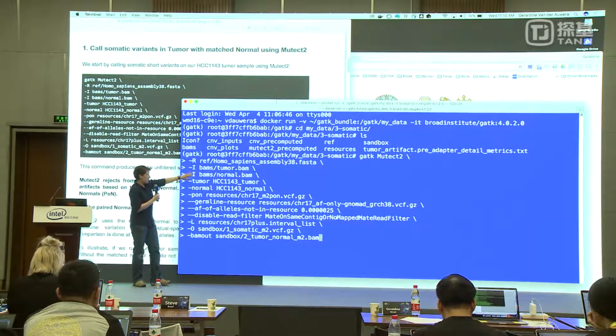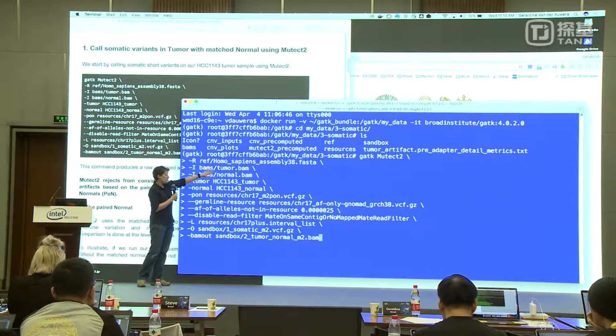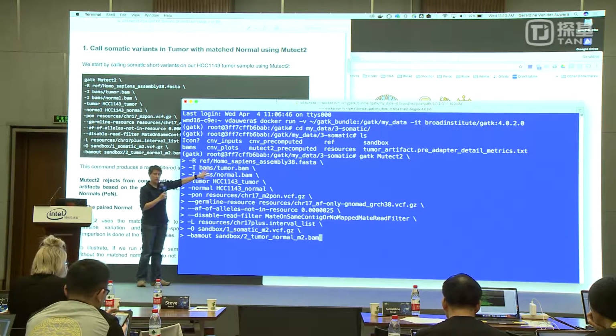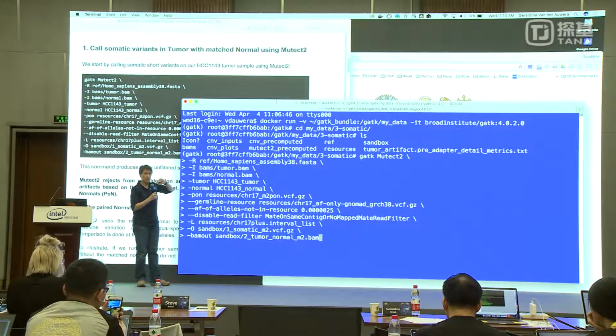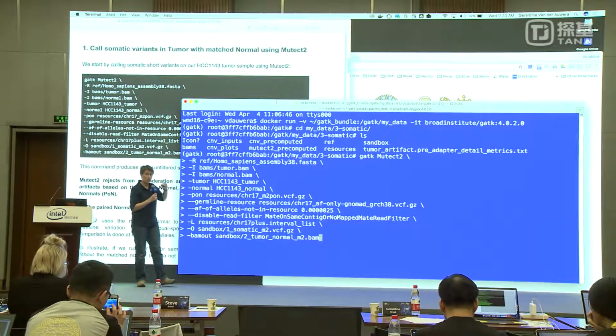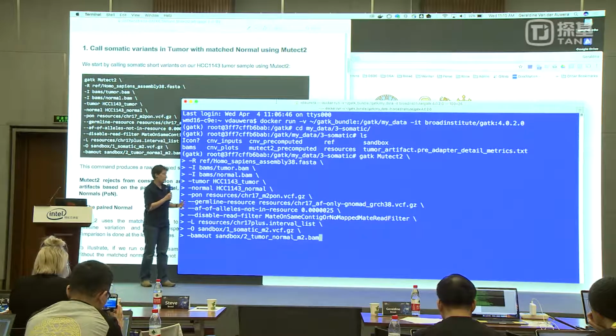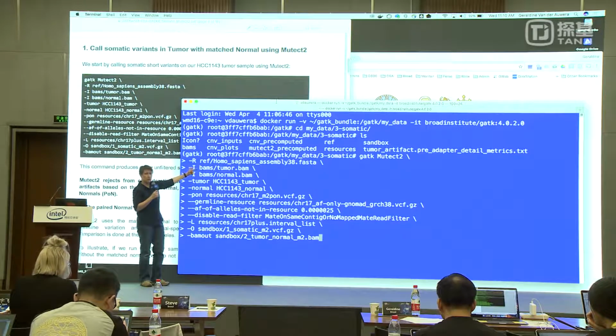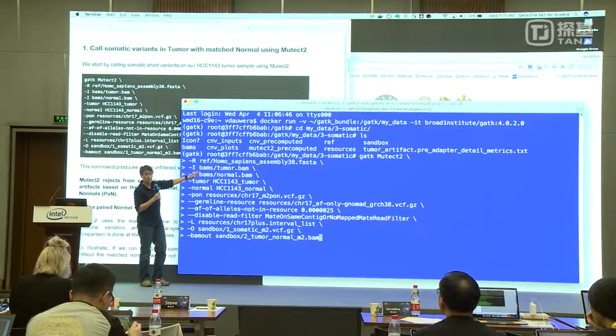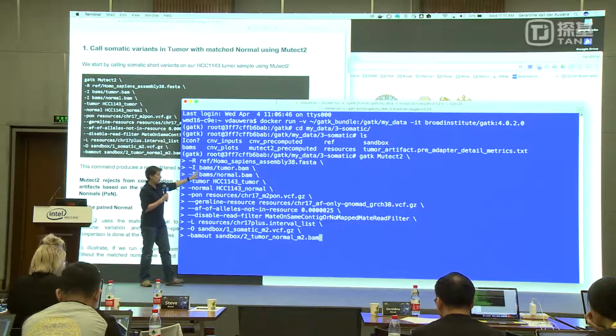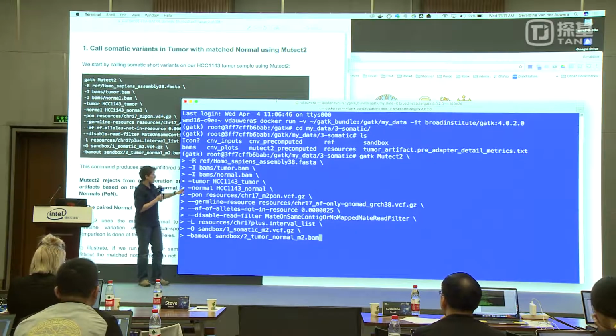Then we specify the tumor and normal inputs, the tumor BAM and the normal BAM. Now here, this is a little bit different compared to how we used to do it in GATK3 and also in the original Mutect. In previous software, we specified directly which was the tumor BAM and which was the normal BAM. Now we just use the regular -I inputs for providing a BAM input to the tool, like every other tool in GATK, pretty much.